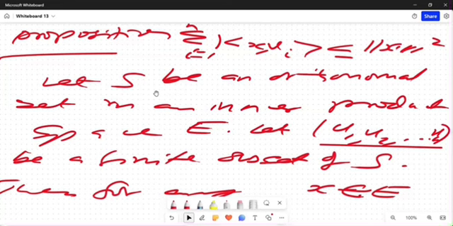If, for example, S is an autonomous set defined in an inner product space, then if you have a finite subclass of S, then for any X in E, the modulus of the inner product of X and that finite subclass will not go beyond the norm of X all squared.